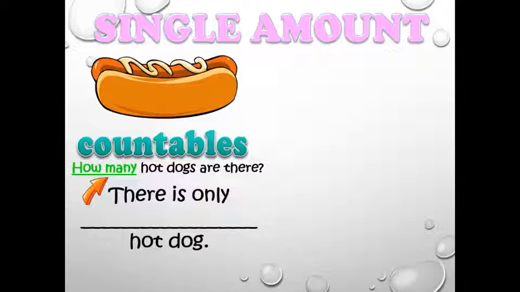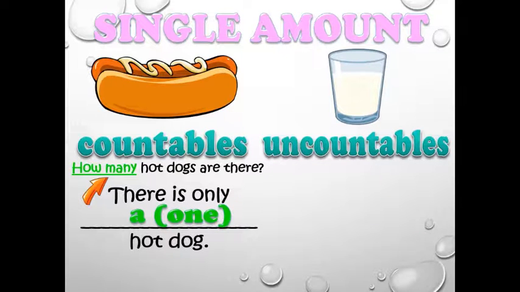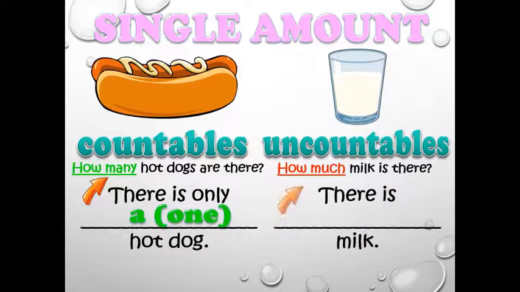To refer to a single amount, let's have an example with countable nouns and uncountable nouns. How many hot dogs are there? There is only a hot dog, or you can say there is only one hot dog. To express a single amount for uncountable nouns: How much milk is there?